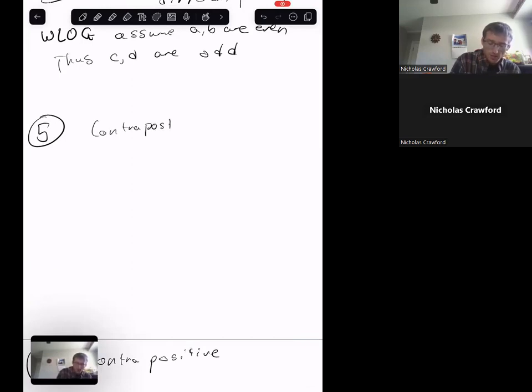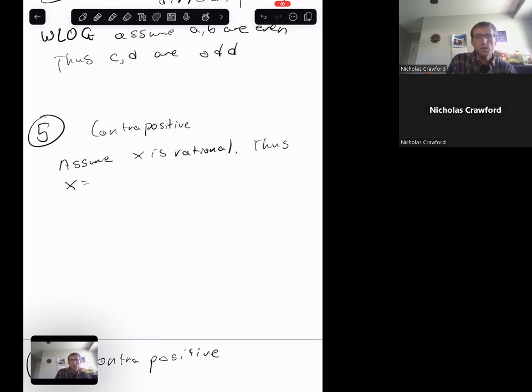That's how I do it, right? I look at something, I'm like, ooh, assuming the if seems real tough, then I'll try to use the contrapositive. So this means I'm going to assume x is rational, and I want to show x is not transcendental. So assuming x is rational, thus x equals a over b, where b is not equal to 0, and a and b have to be integers.